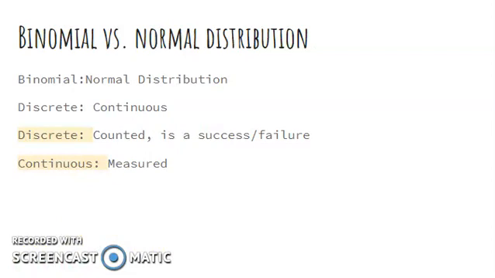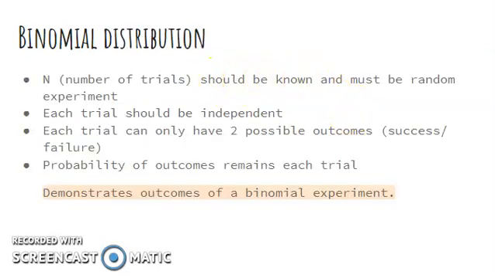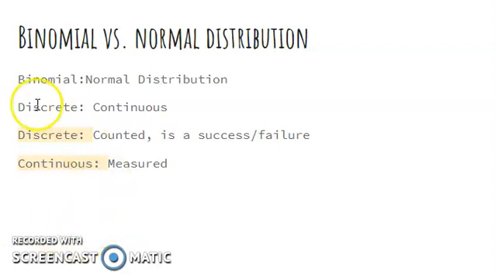So what exactly is the difference between a binomial and a normal distribution? If you recall, one of the requirements of the binomial distribution is that the number of trials has to be finite and it should be known, as stated here. So it is a discrete distribution, and what discrete means is that it is counted and it is a success or a failure.